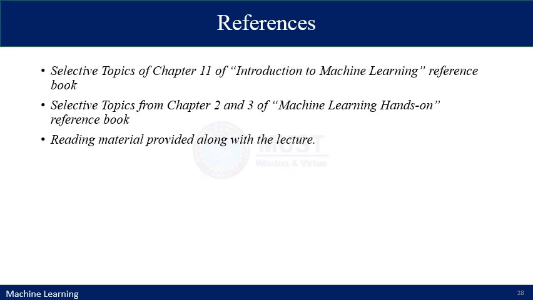Apart from that, reading material regarding the machine learning methodology is provided along with this lecture, and I encourage you to go through the reading assignment lectures and overview the practical aspects of the same approaches discussed in this lecture with the code file provided with the lecture as well.